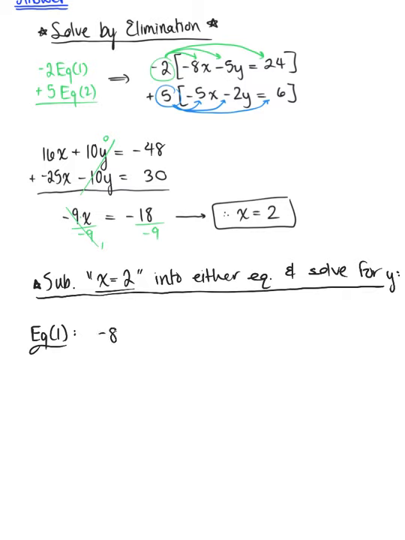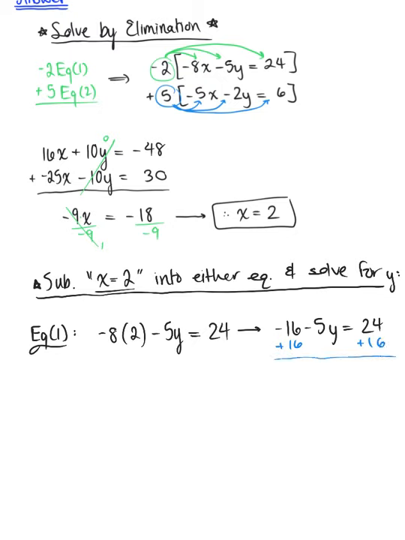This will be -8 multiplied by 2 minus 5y equals 24, or we can think of this as -16 minus 5y equals 24. We can now add 16 to both sides of this equation. -16 plus 16 cancels out to 0.